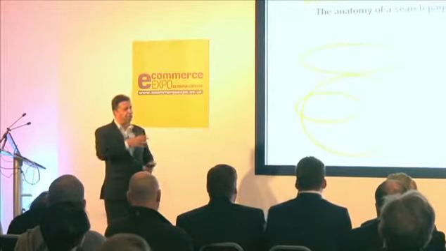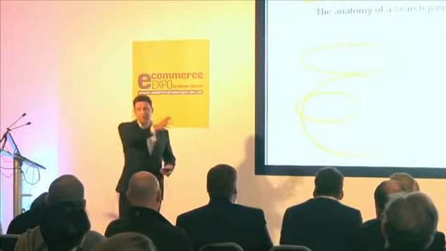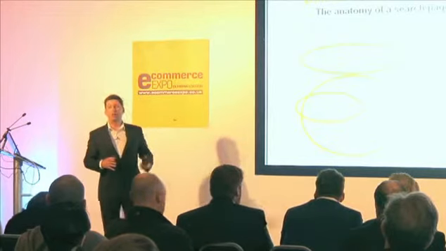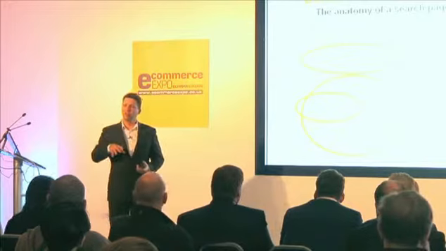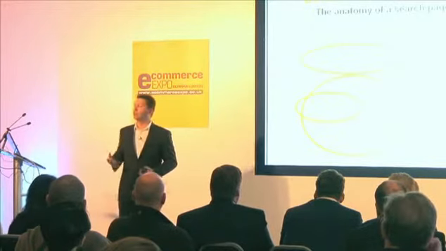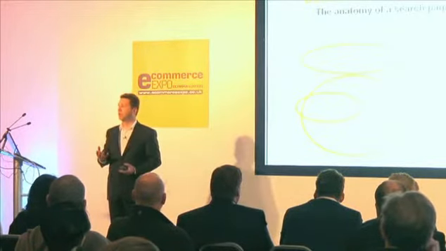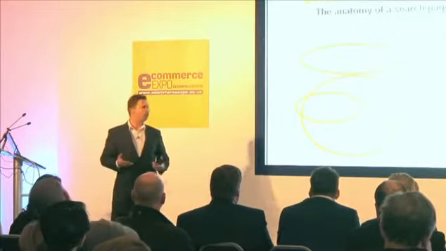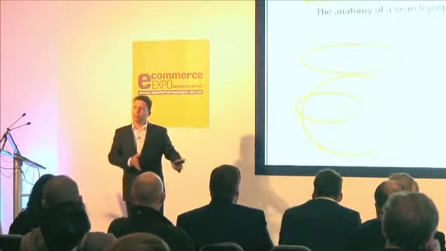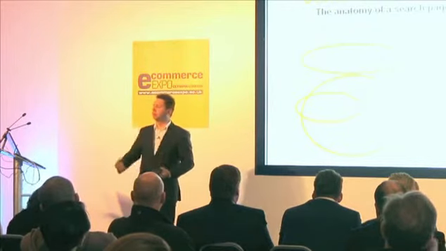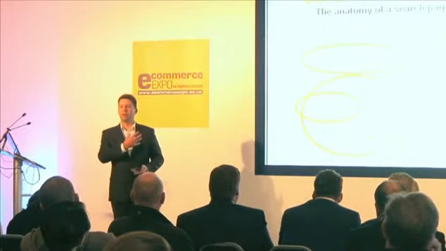The interesting thing is, in terms of getting representation on this search results page, you need to be doing search engine optimization to get those natural listings, and you should be doing pay-per-click advertising as well. And the reason for that is search engine optimization is a slow burn. It's something that you start off when you first get the website, and you start building up your rankings, and you gain these natural listings over a period of time.